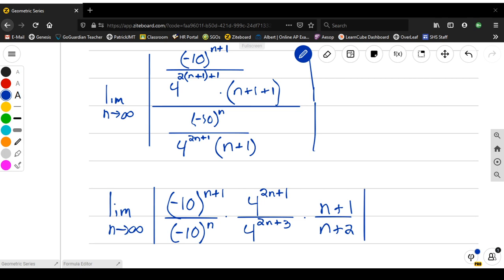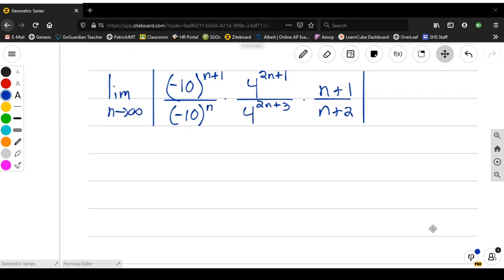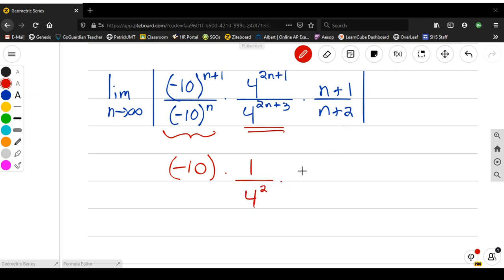So you can verify after flipping, multiplying, kind of rearranging that a little bit, that is what you're going to get. And then each term here, the first one is just going to be negative 10. This one here is going to turn out to be 1 over 4 squared. And this stays as n plus 1 over n plus 2.